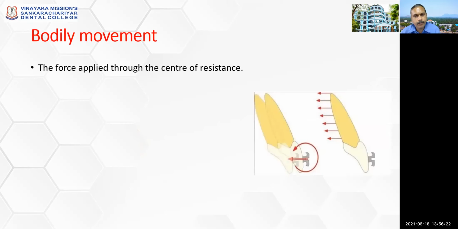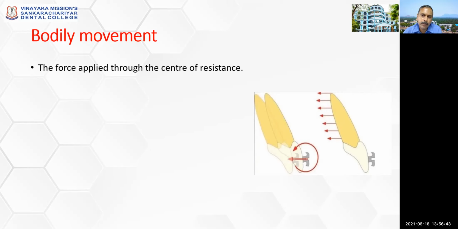Bodily movement. Bodily movement is what is expected out of a tooth movement in the recent advances in fixed orthodontic appliances, like the pre-adjusted edgewise appliance. We use a fixed orthodontic appliance.